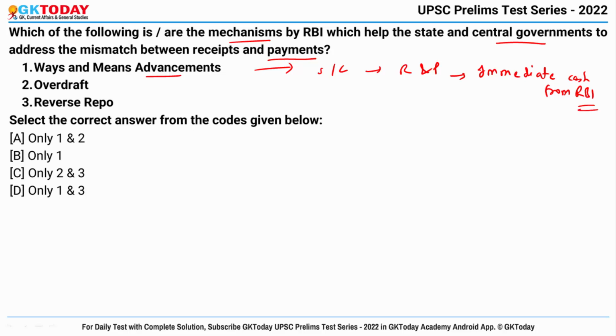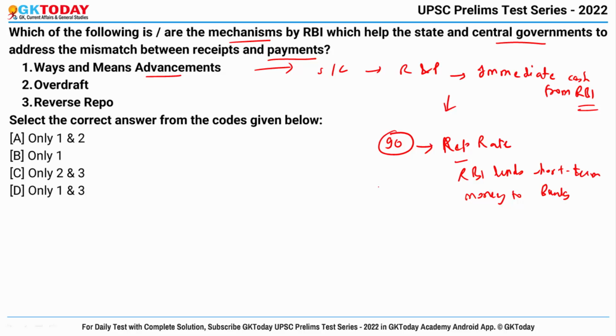Okay. Now, if the amount is returned within 90 days, then the interest applies at repo rate. What is repo rate? It is basically the rate at which RBI lends short-term money to the banks. Now, there are two types of ways and means advancements. First is special and second is normal. Now, what is the difference?